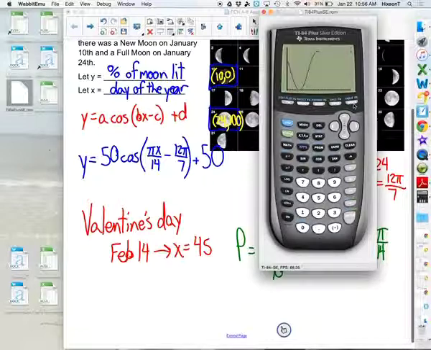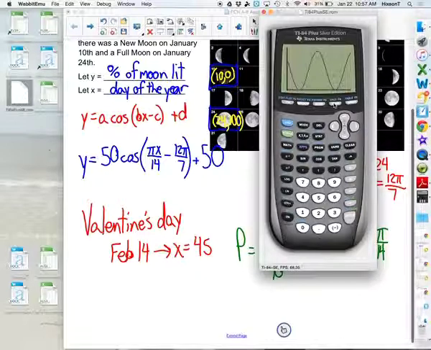Now, one thing the graph shows us too, that just plugging the number into the equation won't show us, is are we getting closer to a full moon or is it going away from a full moon? If I hit trace, by the way, here's a really nice feature on your calculator.